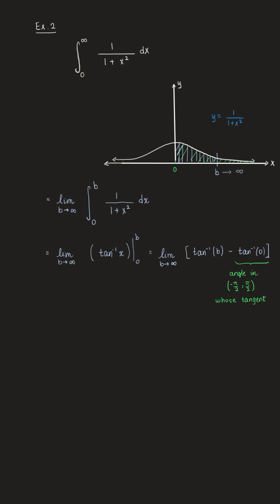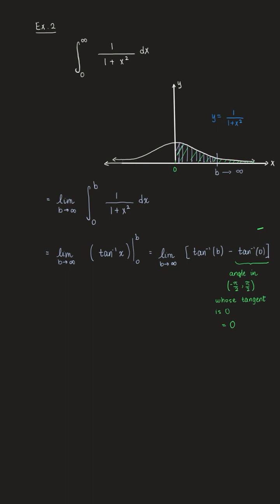And tangent is sine over cosine, so we're really interested in the angle from negative pi over 2 to pi over 2 whose sine is 0. And that has to be 0. Right? So this is just going to be 0, angle 0. So this is just equal to 0 radians.